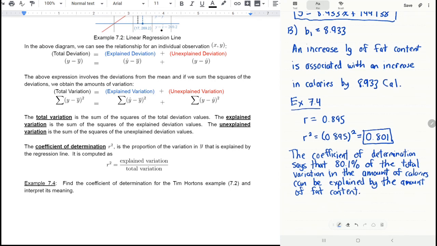So 80.1% of the total variation is explained by the amount of fat content.